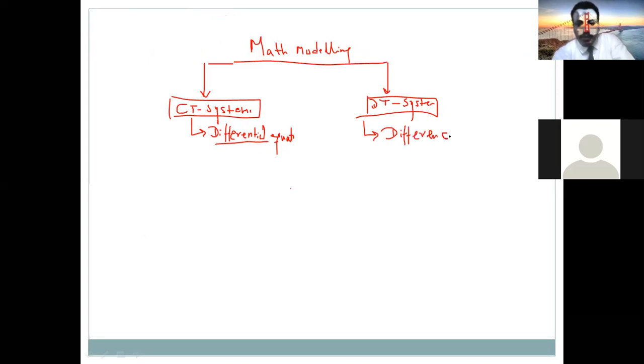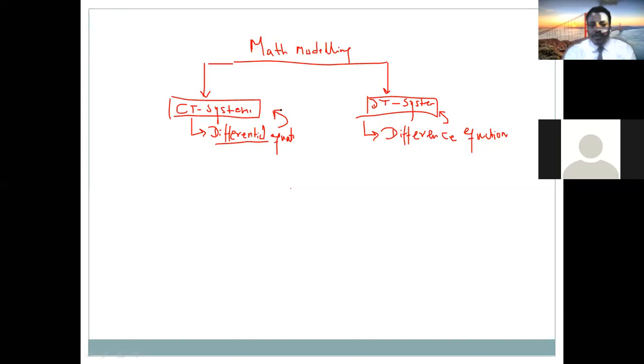So when we say difference equation, I mean it is for discrete time systems, right? When you say differential equation, it is for continuous time systems. Let's explain this using an example.